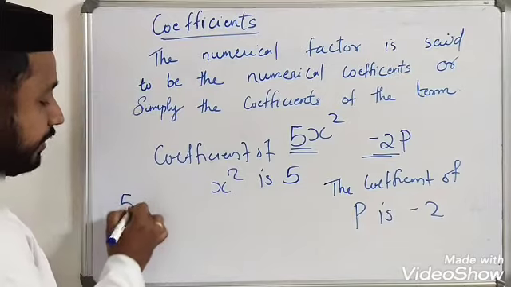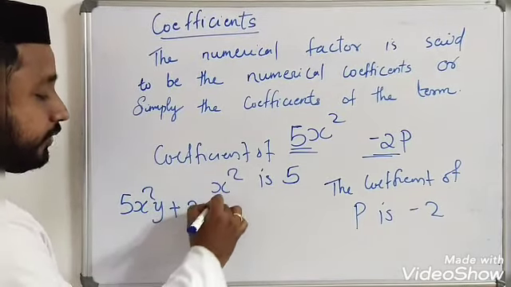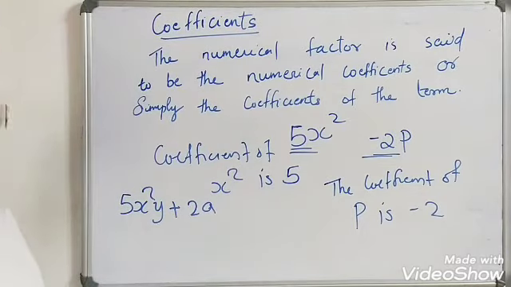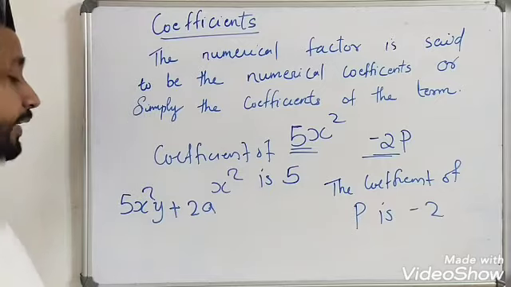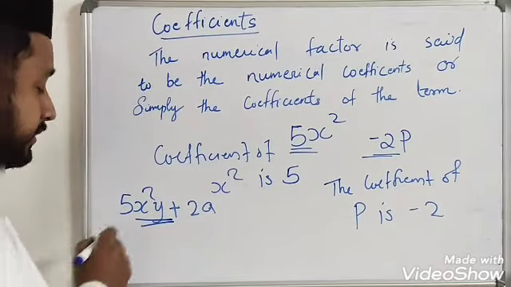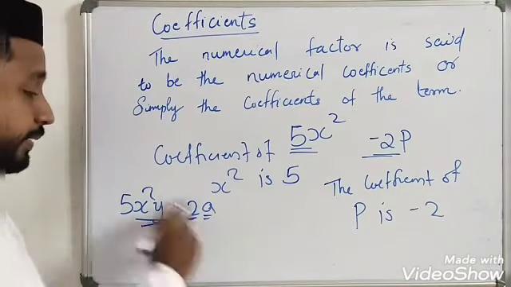Another example, 5x square y plus 2a. So these are the factors: x square y are variables. This is a number, this is a constant, this is a variable.